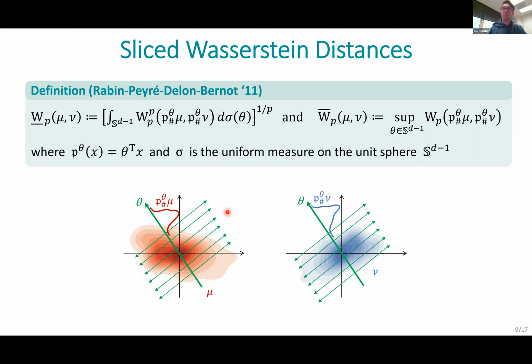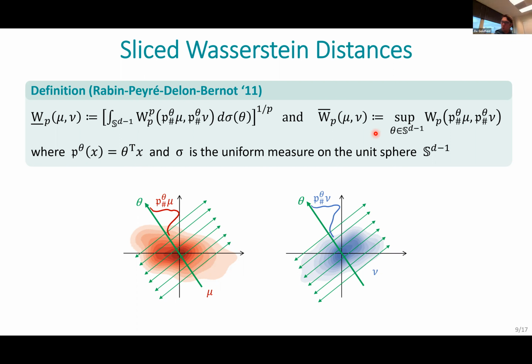Then we measure the distance between these one-dimensional distributions, and take either the average or the maximum over the different choices of theta to obtain the corresponding sliced distance variant. So that's how we define those sliced distances: you project and average, or project and maximize.